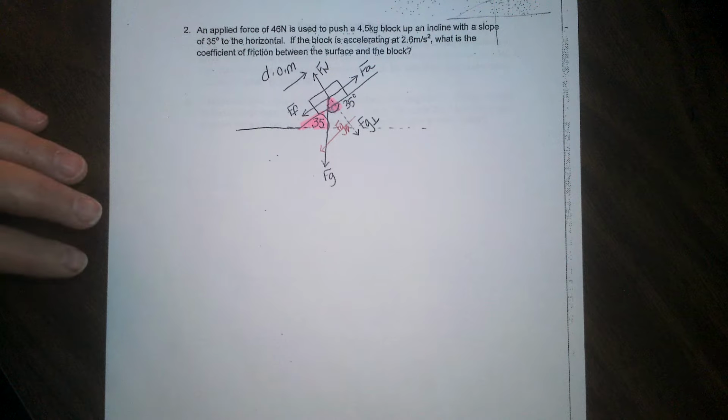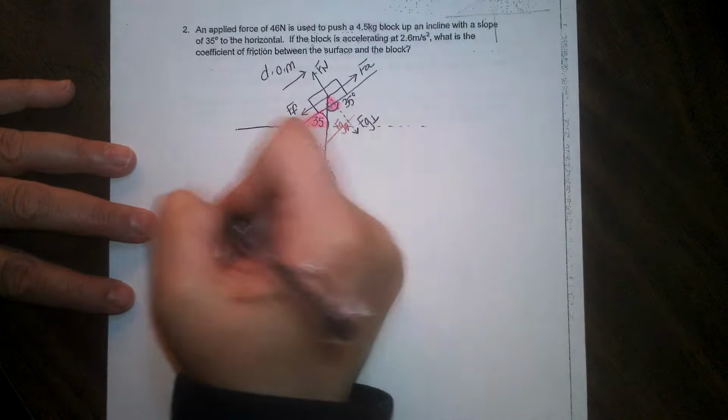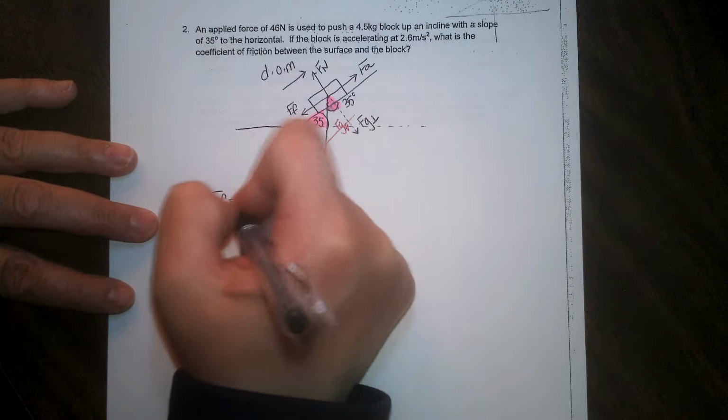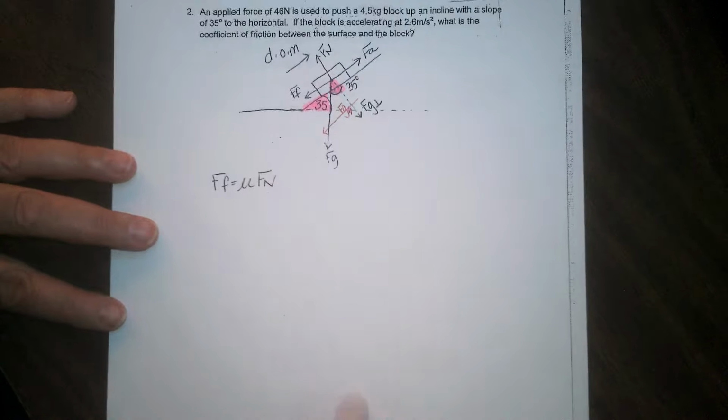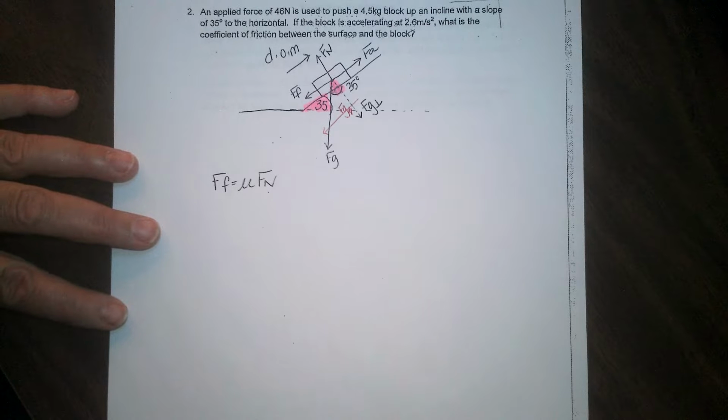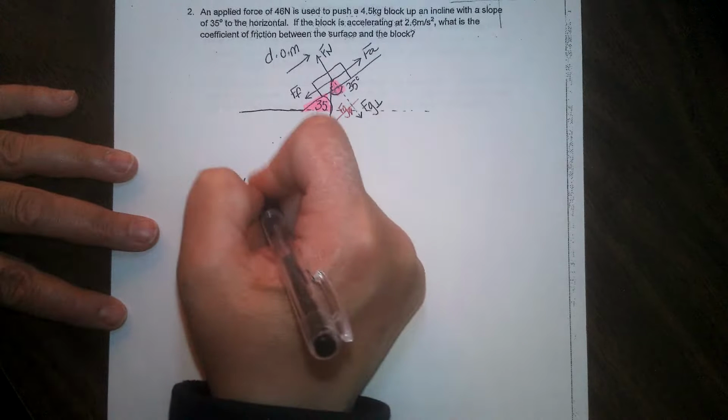How do we solve for coefficient of friction? There's only one formula. Perfect. This is how we're going to solve this problem. This is what we're looking for.